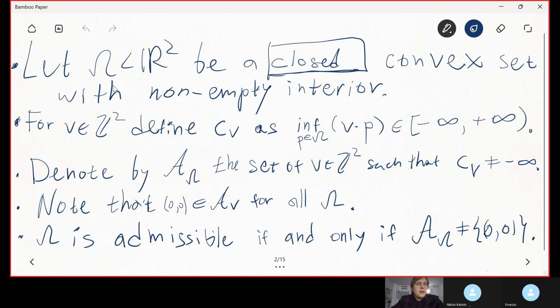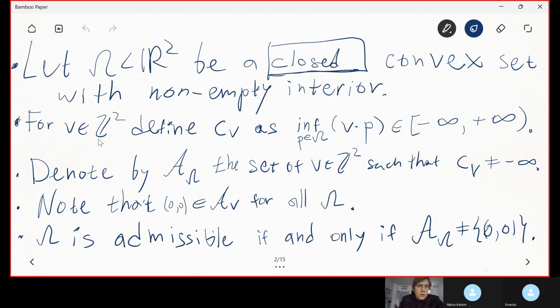So I repeat what we are dealing with. We are dealing with closed convex sets with a non-empty interior, and now for every integer vector v we define c_v as the infimum of the linear function with the gradient v on our omega. So of course it can be minus infinity.